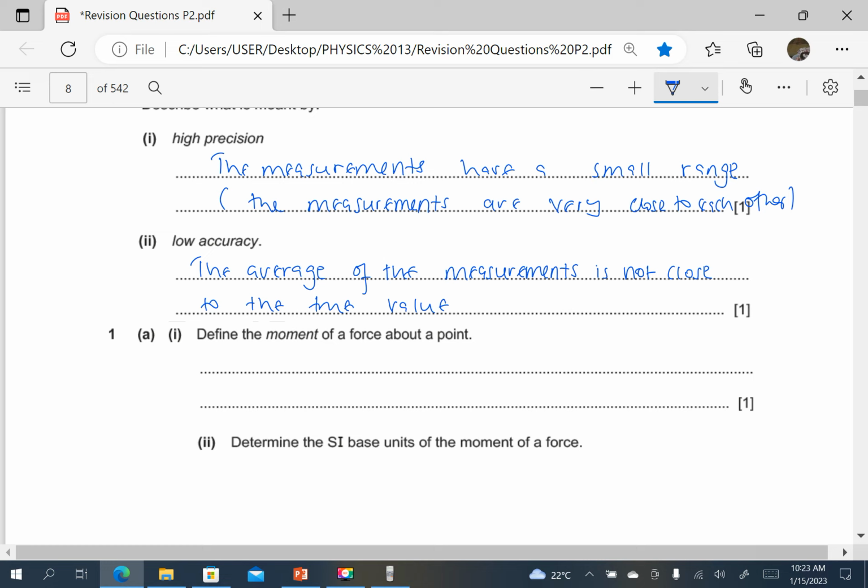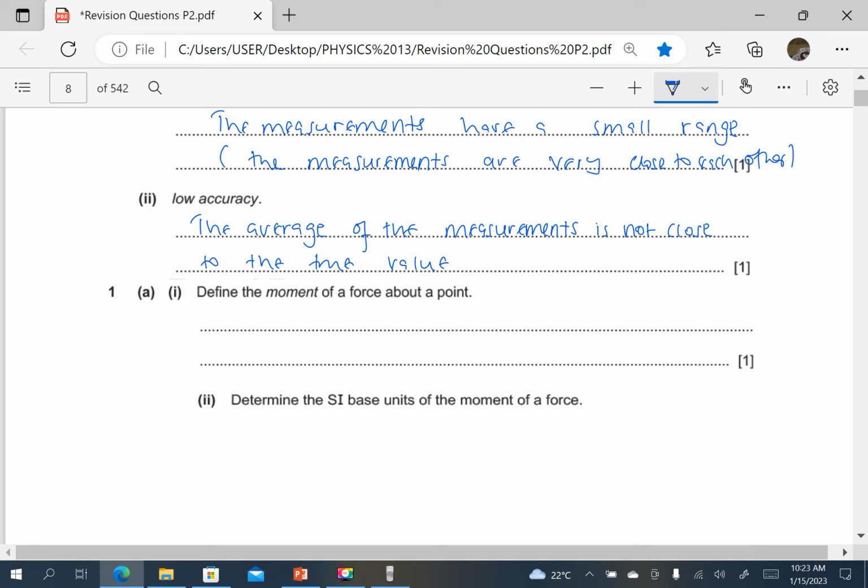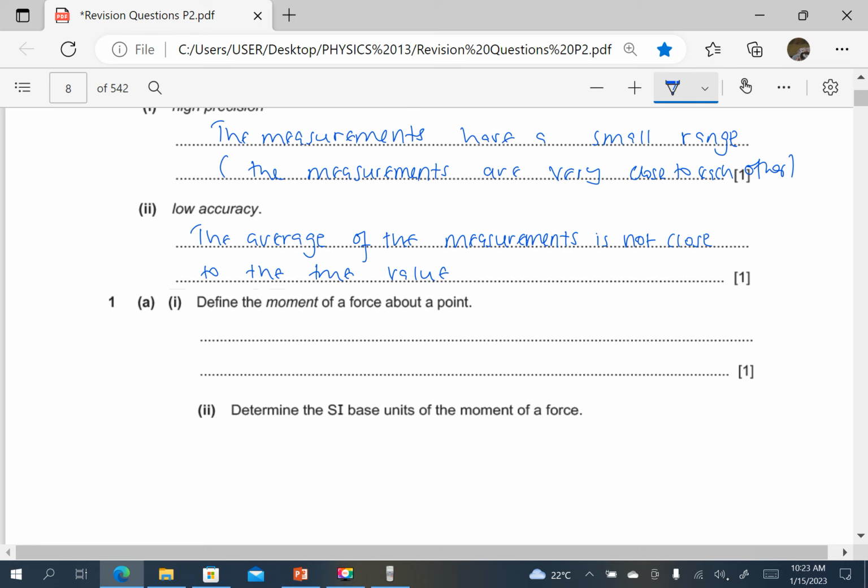Define the moment of a force, although this is in another unit. We shall see moment in force, density, and pressure. The moment of a force is the product of force times perpendicular distance. That is force times perpendicular distance of the line of action of force to the pivot.